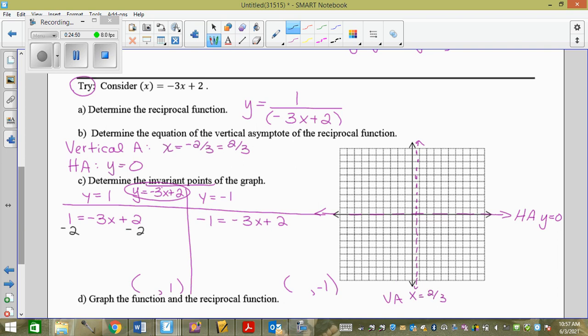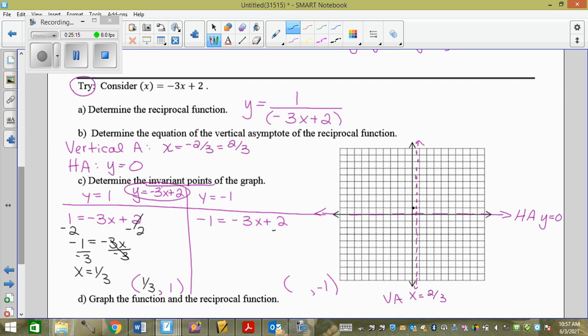Negative 1 equals negative 3x. Divide by negative 3, x equals a third. So I have 0.333333 and 1. So it's like somewhere here.